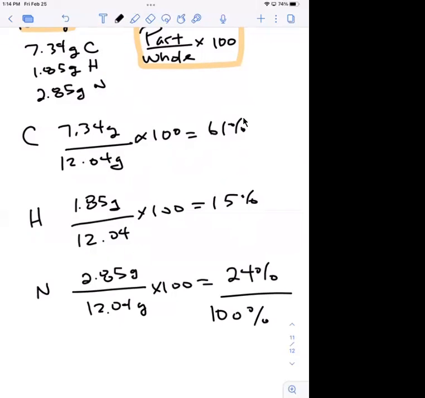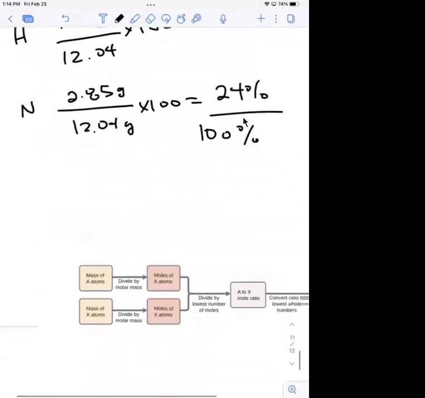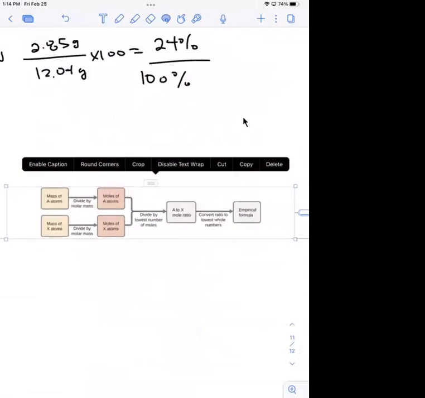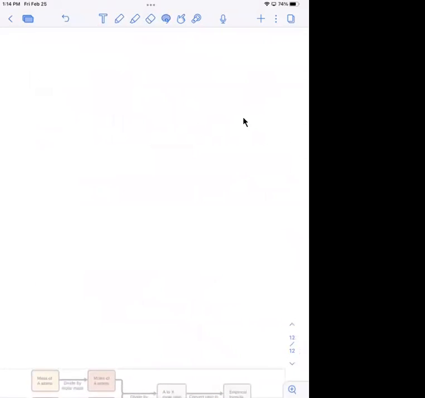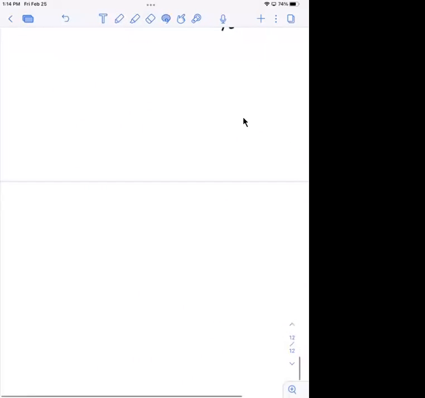All right, so now let's take a look at another way to approach this. Method B would be to take the molecular formula and figure out, based on the molecular formula, what the percentages are.